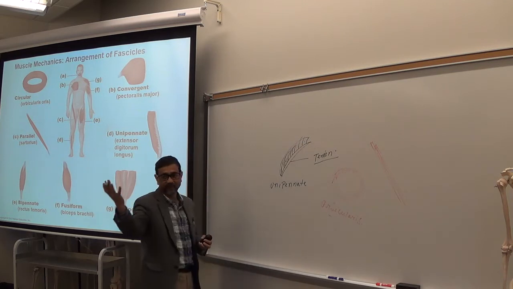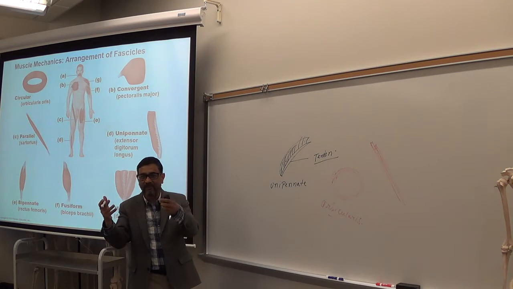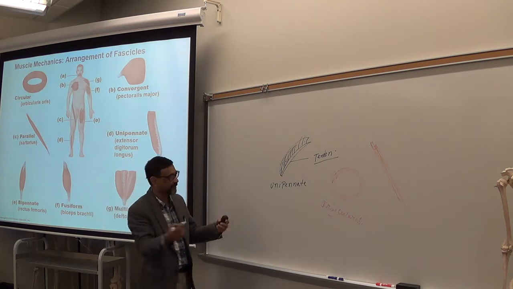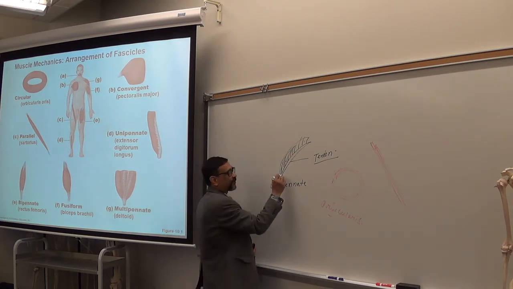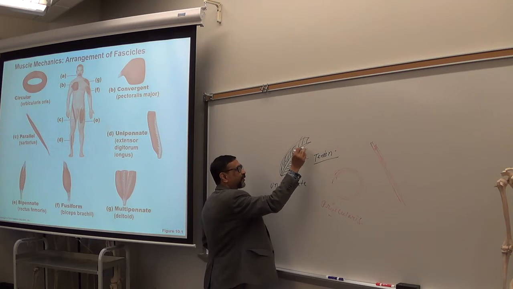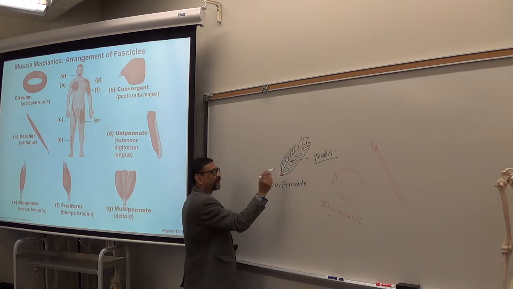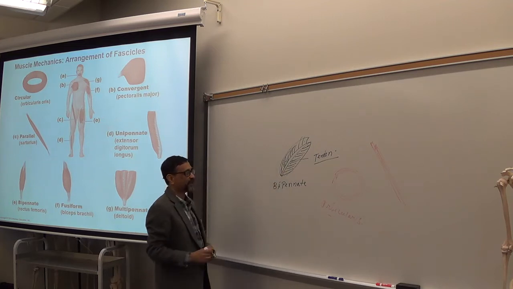It's like a leaf. You know the leaf in the plant. We say unipinnate leaf, bipinnate, multipinnate. Very similar. Okay. So if you see the muscle fibers are present on both sides, this is called bipinnate. Both sides, two sides.